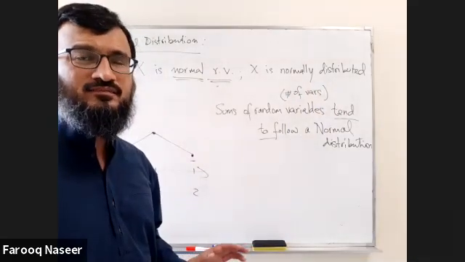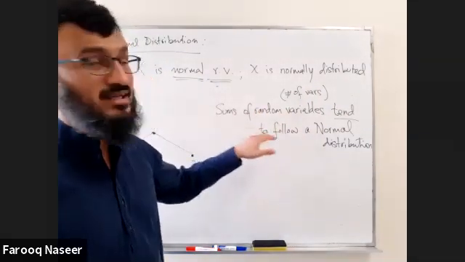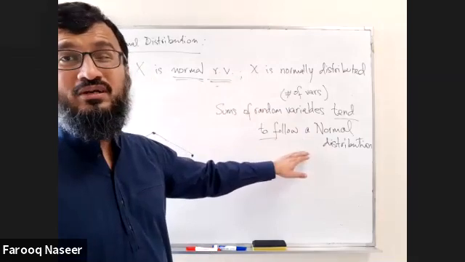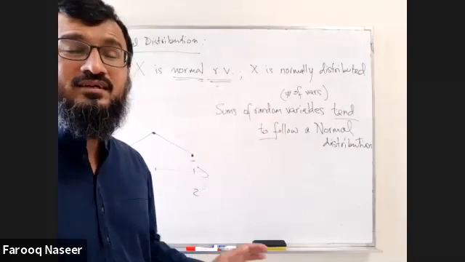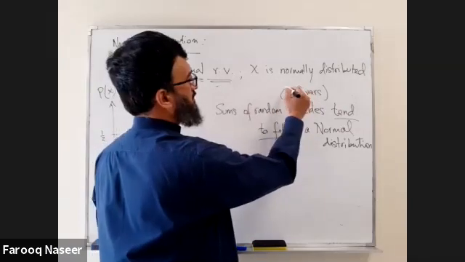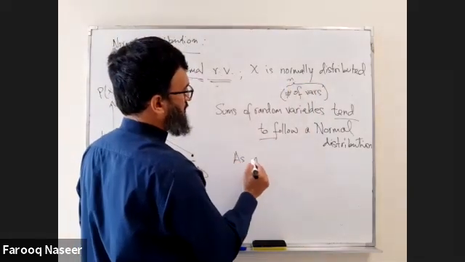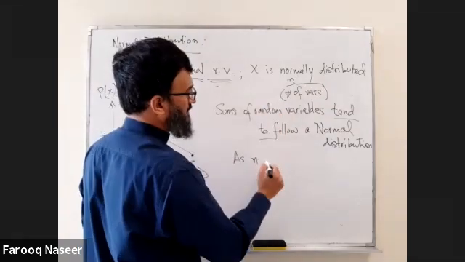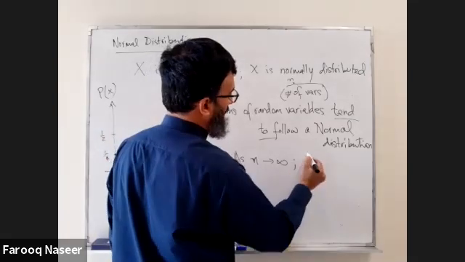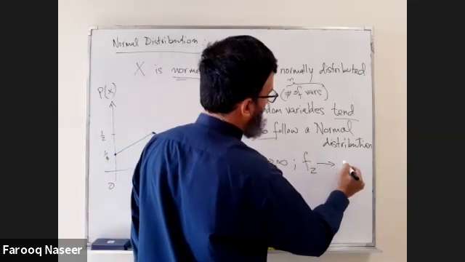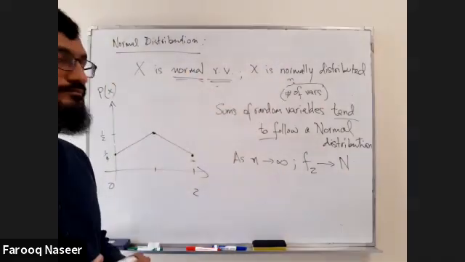As that number increases, as it continues to increase, the distribution of the sum will start to look more and more like a normal distribution. So this is an asymptotic result. It is saying in the limit, as the let's call this number of variables n. So as n, the number of variables that I'm adding goes to infinity, this distribution f of z approaches a normal distribution, right?